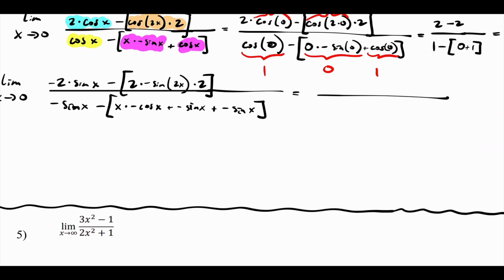Negative 2 times sine of 0 is 0, because sine of 0 is just 0, minus 2 times 0 times 2 is 0. Negative sine of 0 is just 0. So it's going to be 2 times 0 times 2.